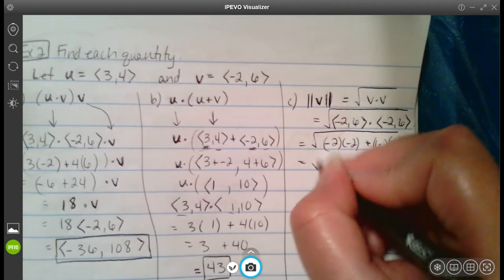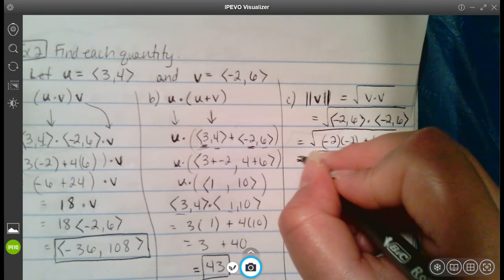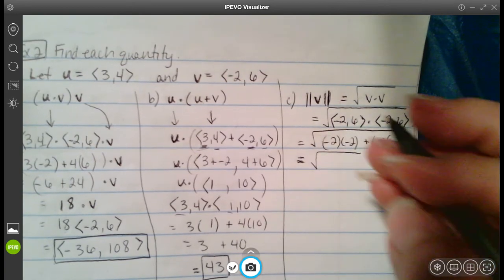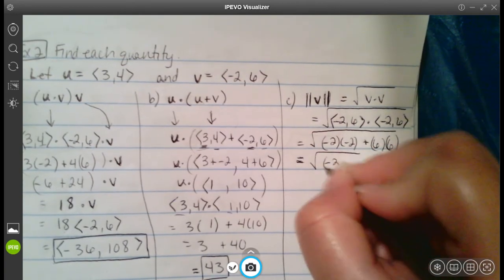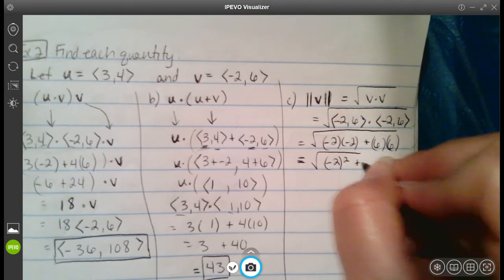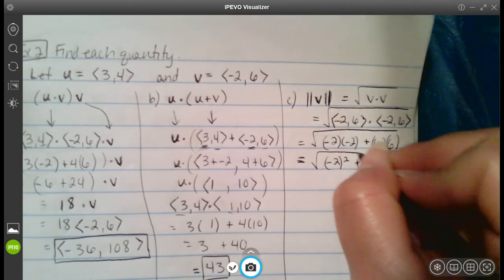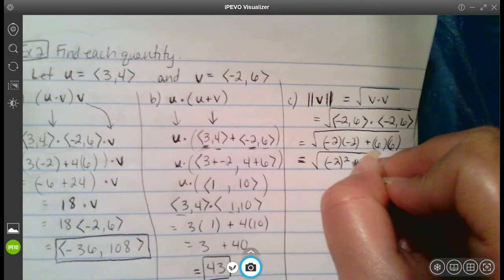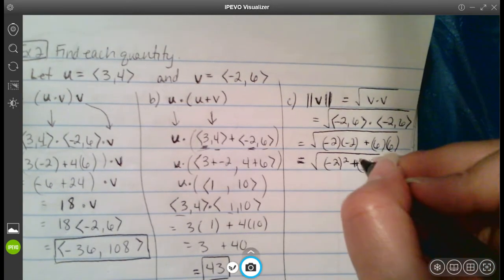This can be rewritten as, and I'm just going to write it this way because you'll notice that when we do these, we can kind of skip to this step. So negative 2 squared plus 6 squared. Does that look familiar to you? Okay, that's a plus, okay?